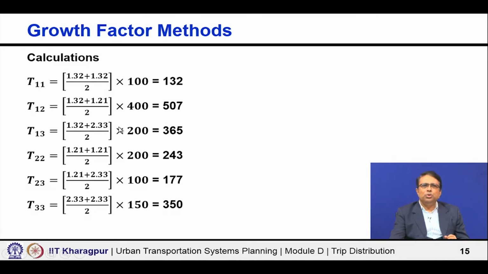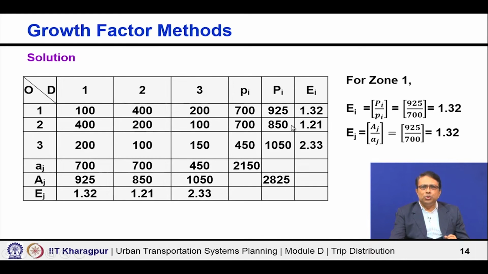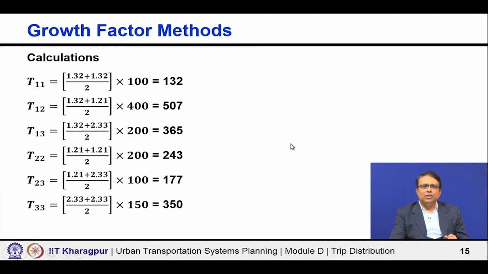Similarly, T12: the growth of zone 2 is 1.21, and of zone 1 is 1.32. So, the average of 1.32 and 1.21 into 400. So, you are getting 507.